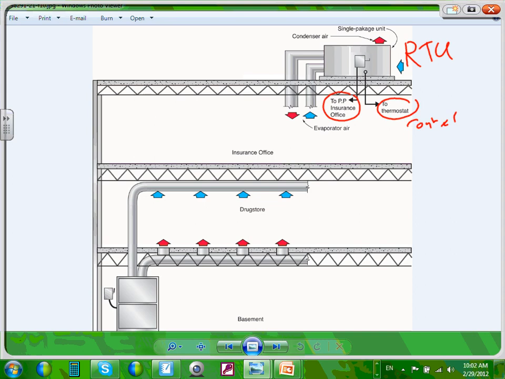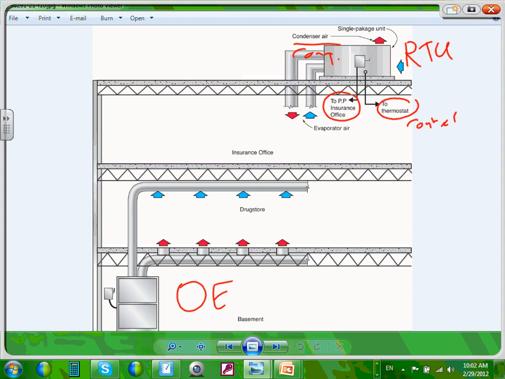You can either have them all in one package, or you can have split. The evaporator can be down, and my condenser and compressor up on the roof.